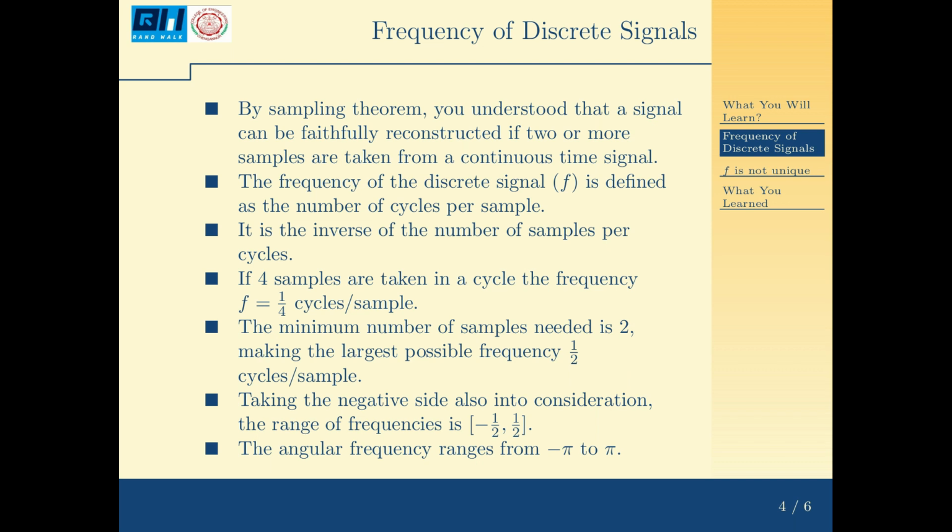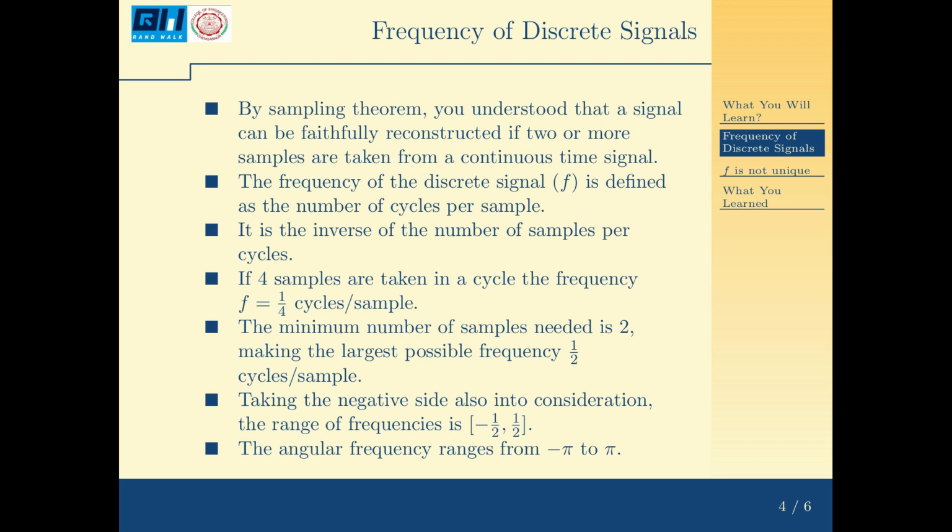The frequency of the discrete signal f is defined as the number of cycles per sample, or the inverse of the number of samples per cycle. That is, if I take 4 samples out of a period, then the frequency will be 1/4 cycles per sample. If I take 8 samples out of a period by sampling, then the frequency of the resulting discrete signal is 1/8 cycles per sample.